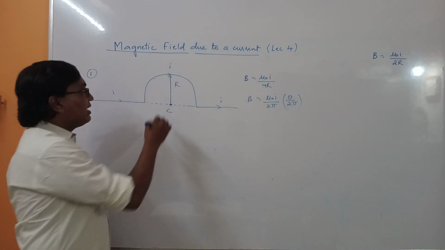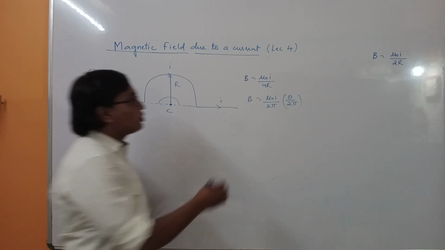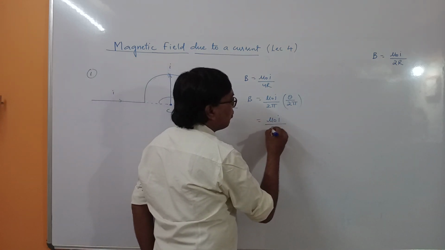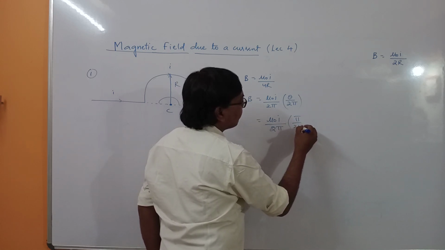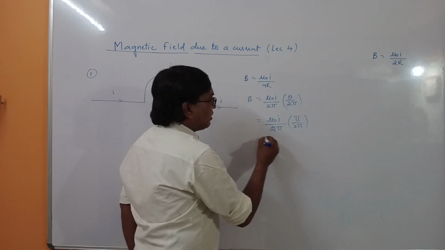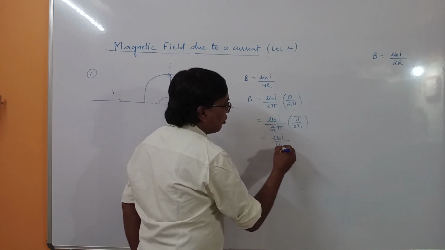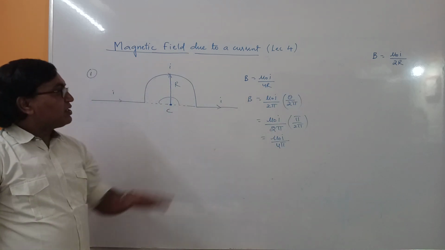Now here the angle subtended is pi. So mu naught I by 2r into pi upon 2 pi will come out to be mu naught I by 4r. So this is the magnetic field. Now the direction of the magnetic field.